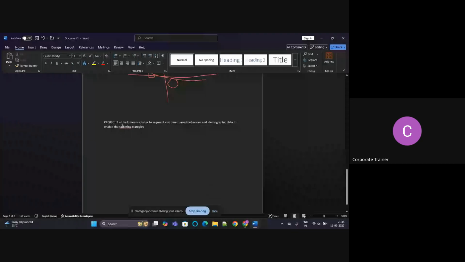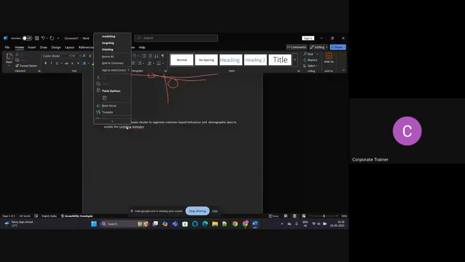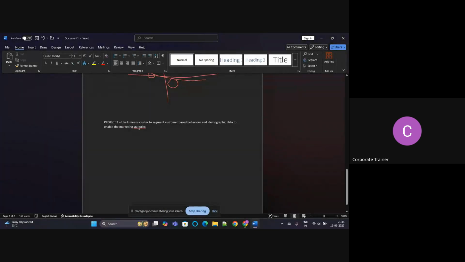Basically, I'm writing what project you have to work on, and I'm trying to give an overview. You have to work on k-means clustering that can help you figure out customer behavior and some demographic things, and using this you can build a marketing strategy. So how can you do it?